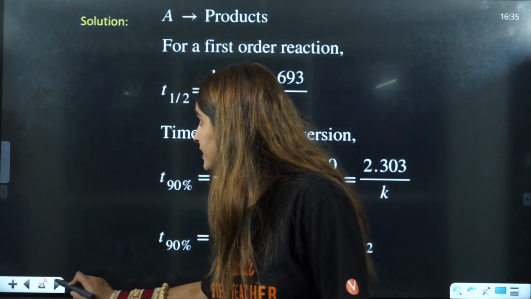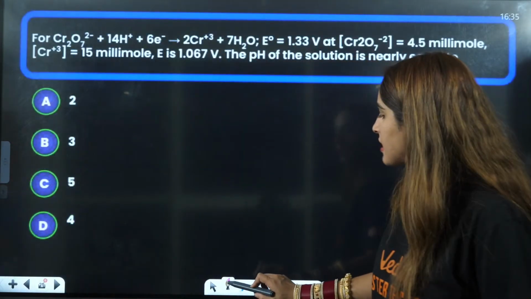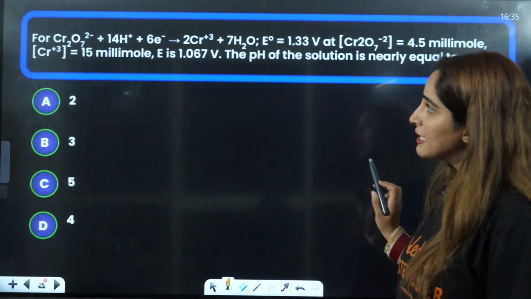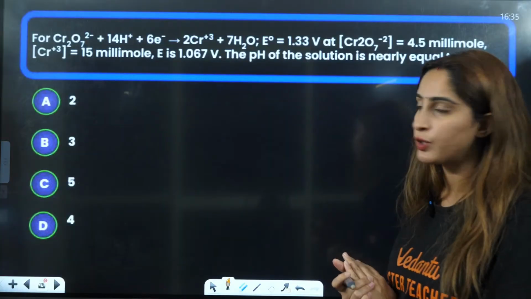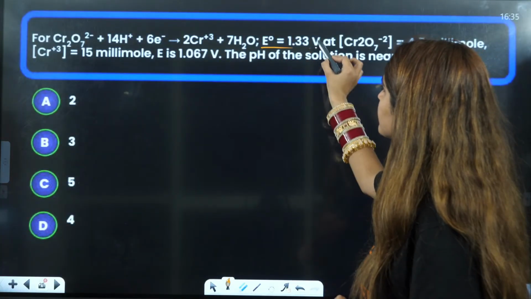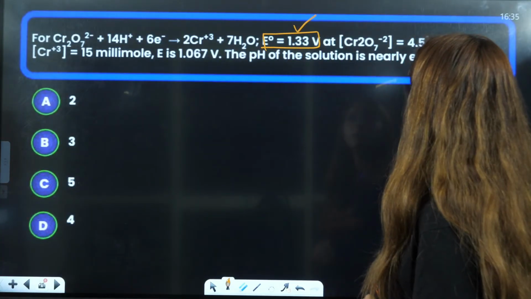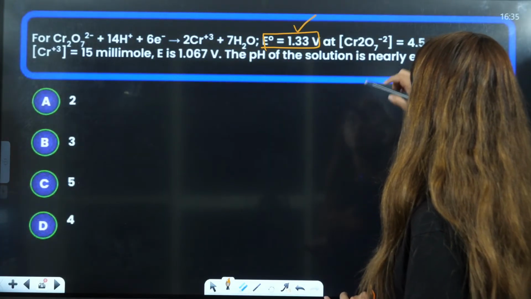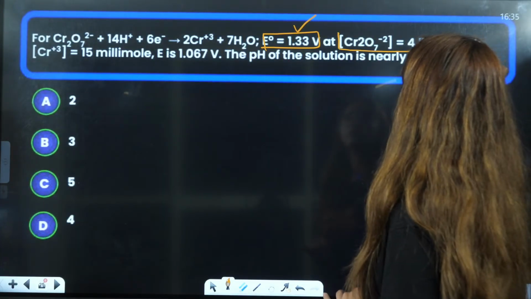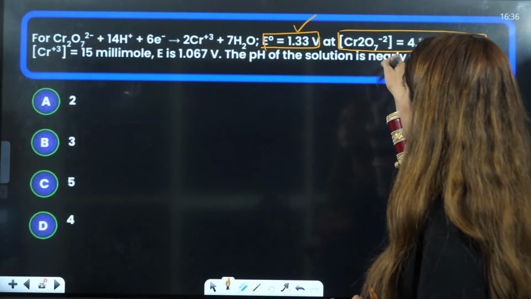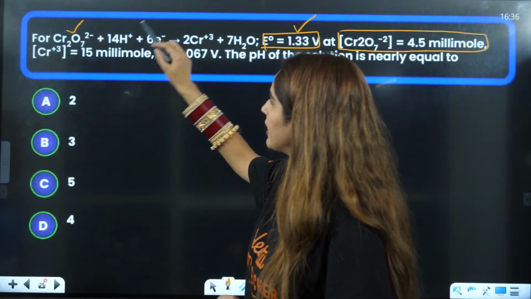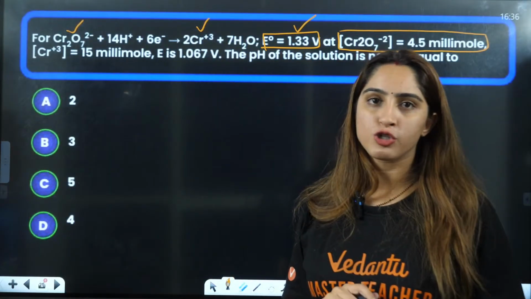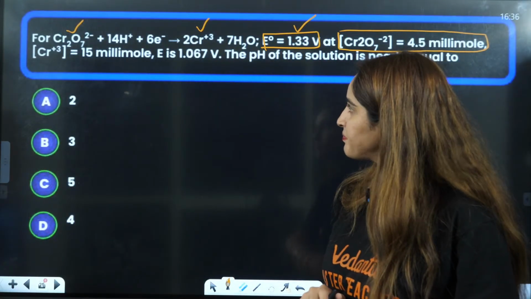Next question is for Cr2O7 2 negative, this is an equation that is given to you. They have given us the E naught value here. Concentration is also given for Cr2O7 2 negative, and for chromium 3 positive also concentration is given.